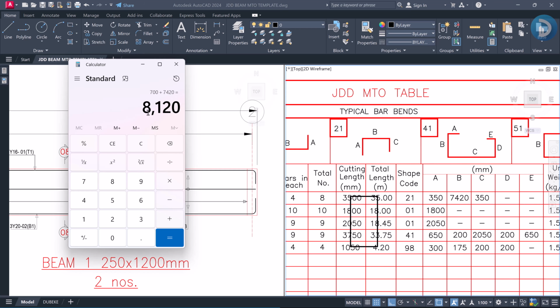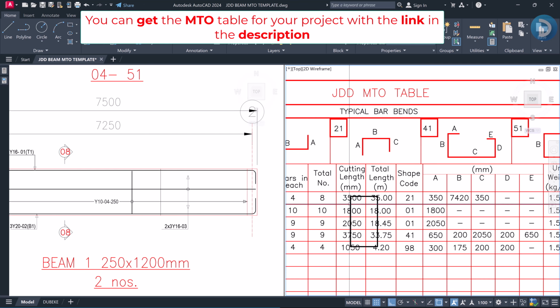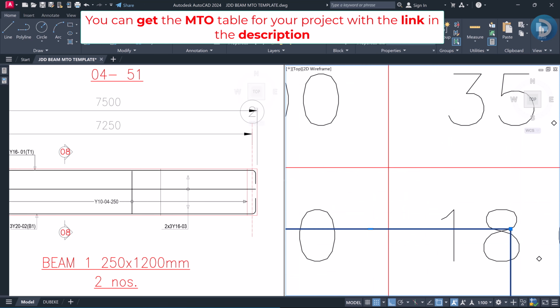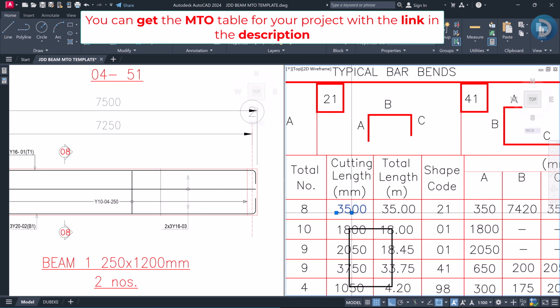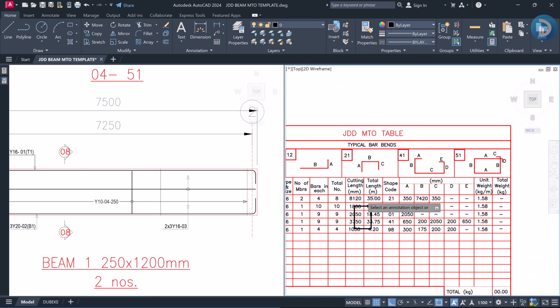So I have a total length of 8.12 meters, a total cut length of 8.12, right? So I'll take here to be 8120. Let me take this down to this point, and I'll edit this to 8120. So this becomes 8120, right?